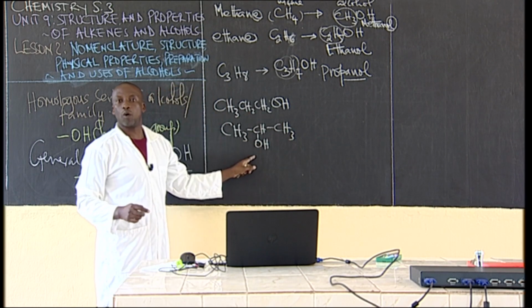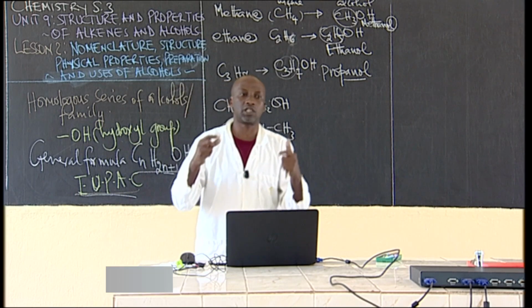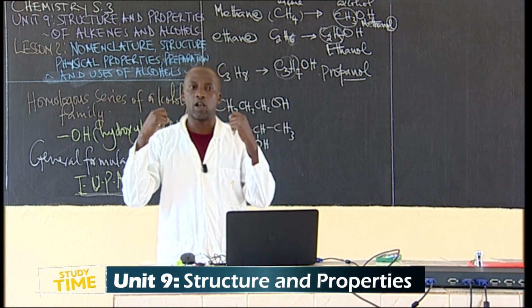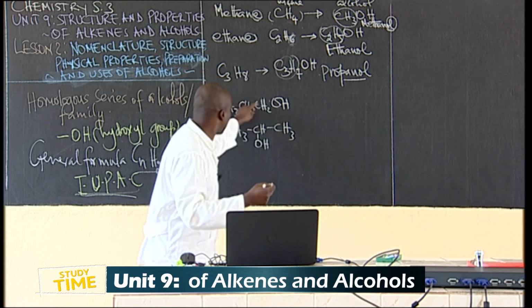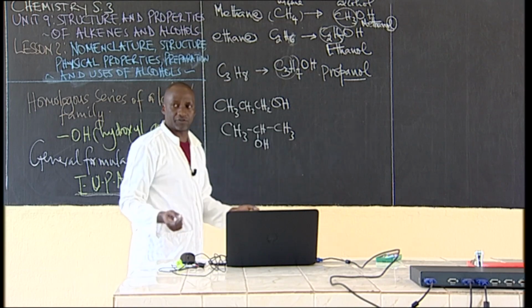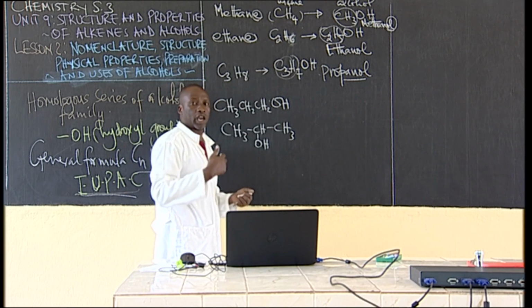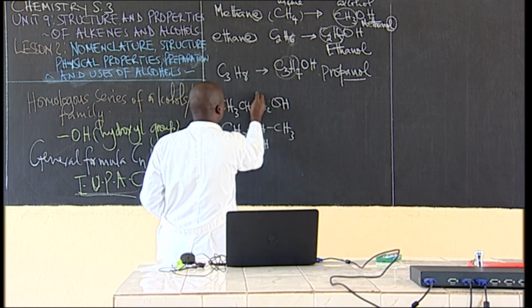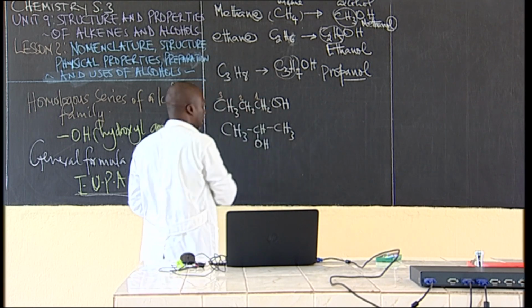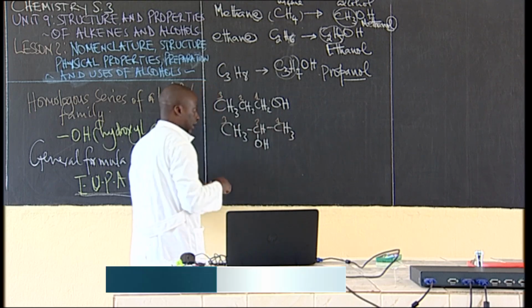These compounds have the same number of carbon atoms and the same number of hydrogen atoms, but the arrangement and the position of the OH are different. This is on position number 1. If you remember how alcohols are named, this is position number 1, number 2, number 3.